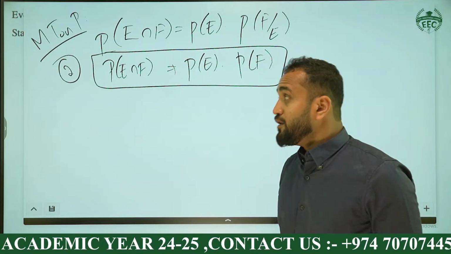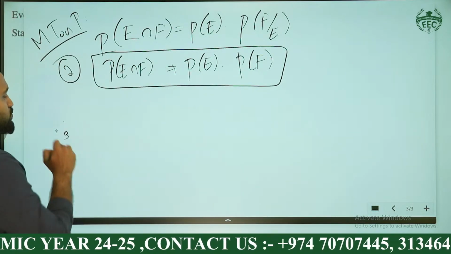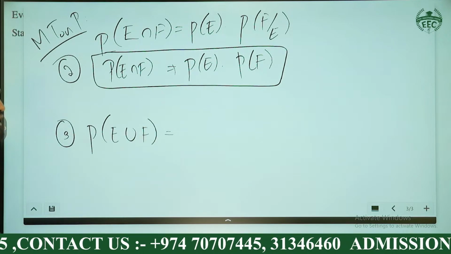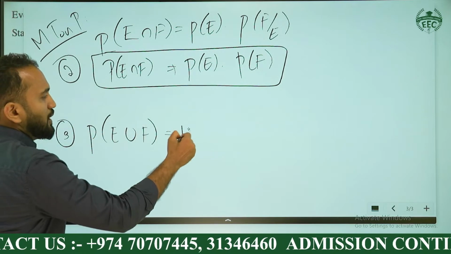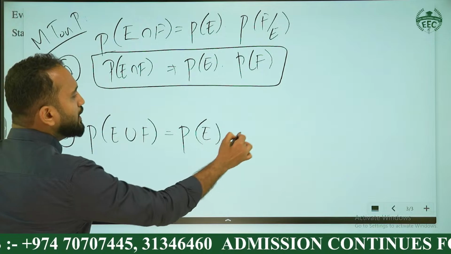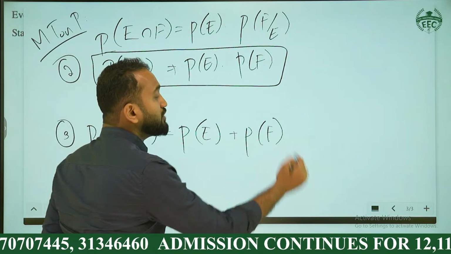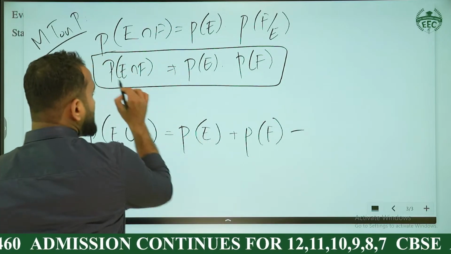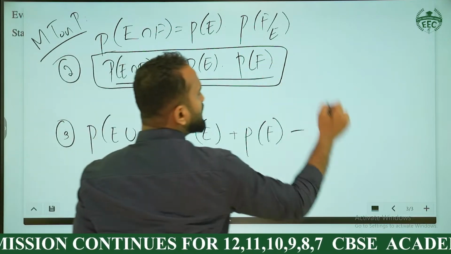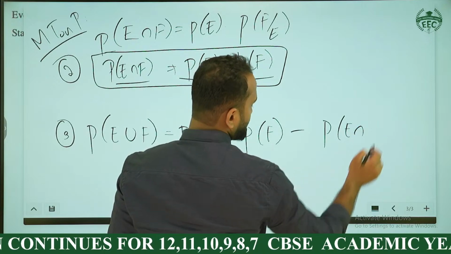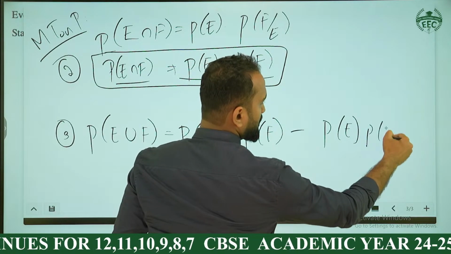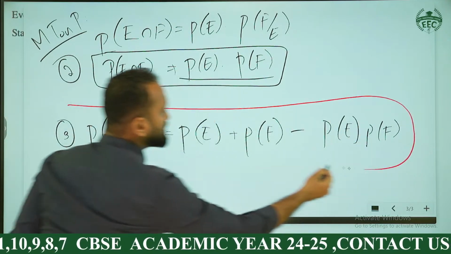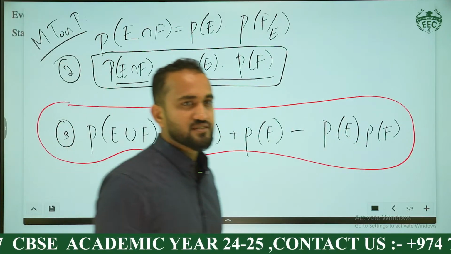You can also expect one more condition. What happens to P of E union F? People, tell me what formula you learned: P of A union B is equal to P of A, here it will be P of E, plus P of B, that will be P of F, minus what is the next term? P of E intersection F, which was found to be P of E into P of F. Gentlemen, these are the three conditions which you have to remember while dealing with independence of events.